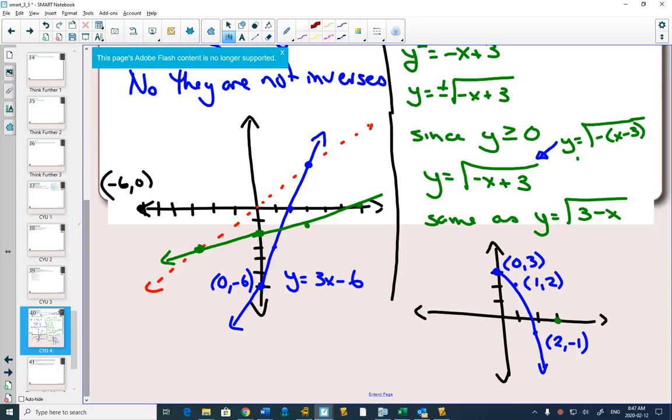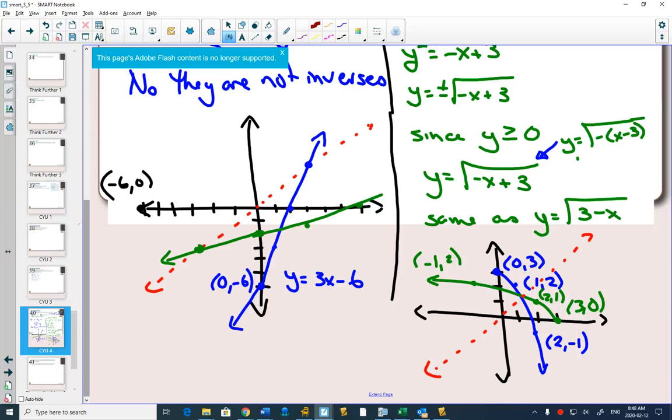Moving 3 to the right, that will get us to 3, 0. We would have 2, 1, and we would have negative 1, 2. Look at that reflection over the line y equals x this time.